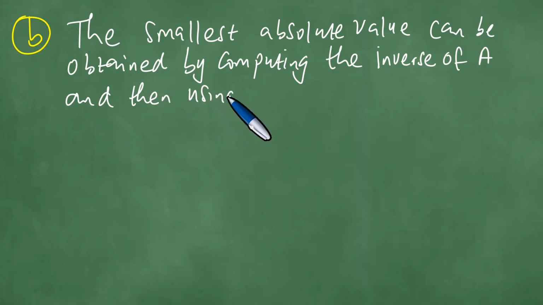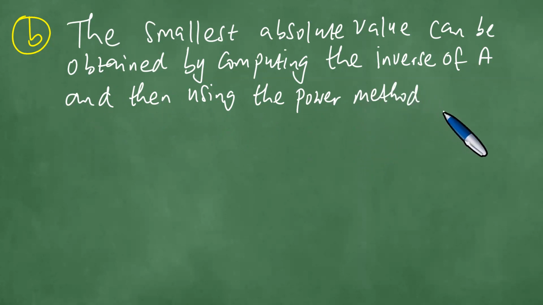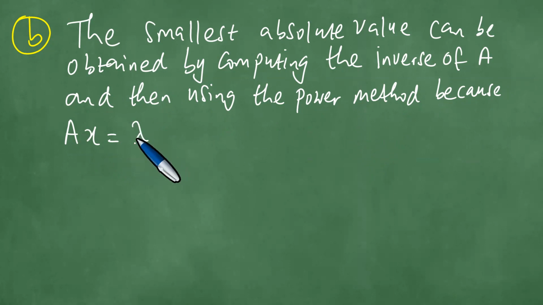So the smallest absolute value can be obtained by computing the inverse of A and then using the power method. Why does it work to compute the inverse and then use the power method? Well, because we reasoned together that Ax equals lambda x is the eigenvalue problem that we study.